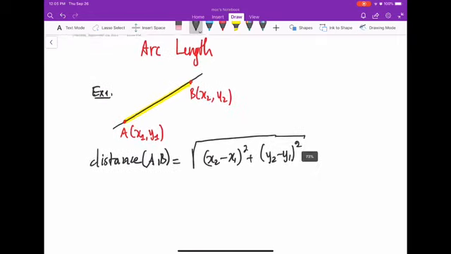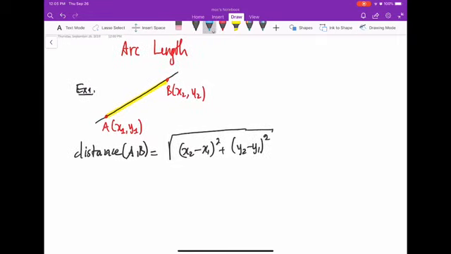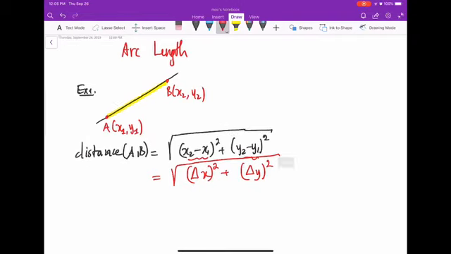Or we can write it in the following way. This is just delta x, right? So I have delta x squared here, plus this is delta y, so I have delta y squared here. So this is equal to the square root of delta x squared plus delta y squared. Everything is good with the distance between 2 points on a straight line.